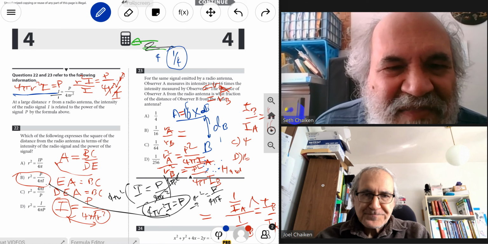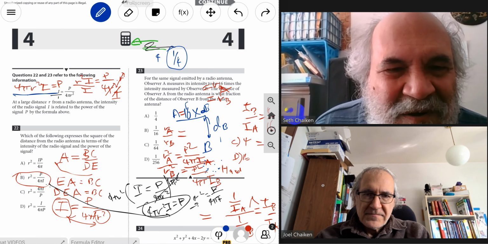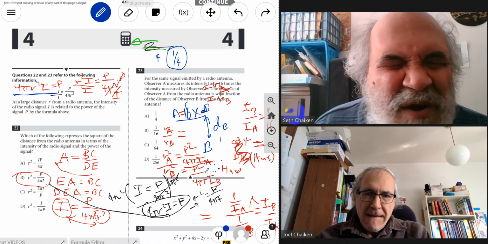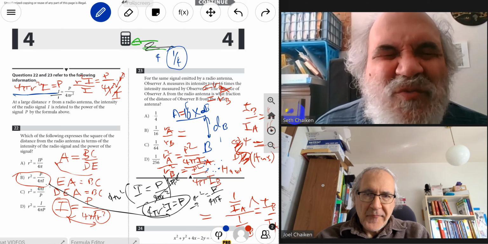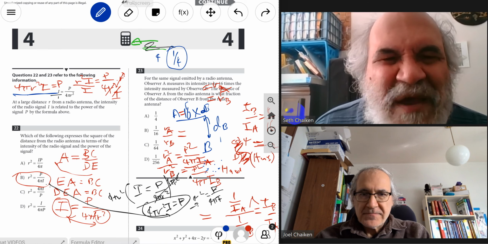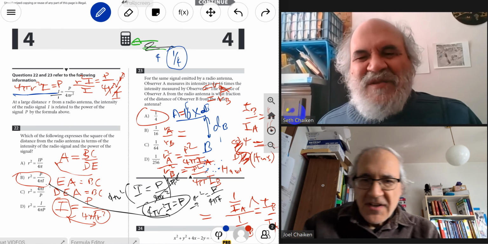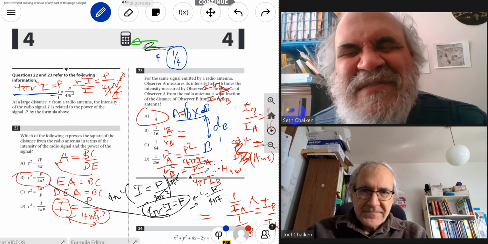That equals the answer squared. So I don't like to even think of square roots here. I'm thinking, what is the number whose square is 1/16? It's a quarter. That's a quarter.